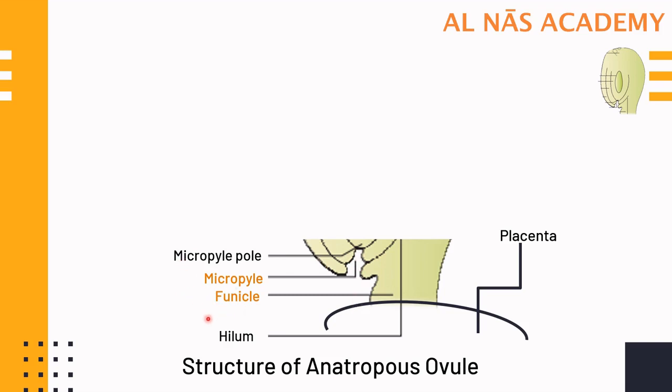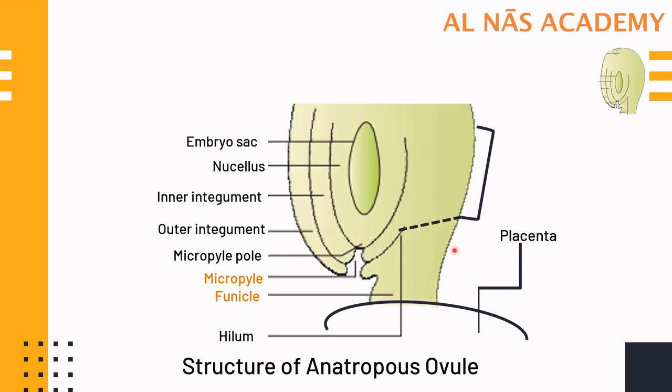There is a narrow opening at the apex of the ovule, which is called the micropyle, and through the micropyle the pollen tube enters. The tissue of the funicle extends to the body part, and it is called the raphe, and the place where the funicle is attached to the body is called the hilum.